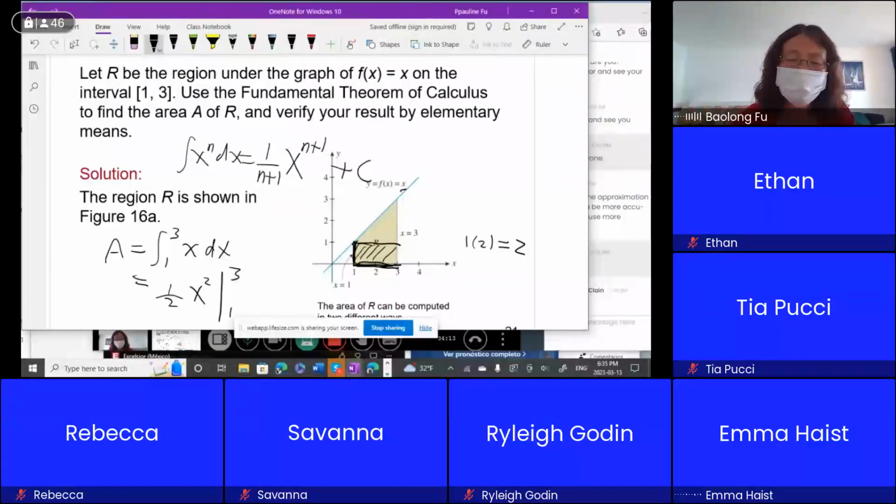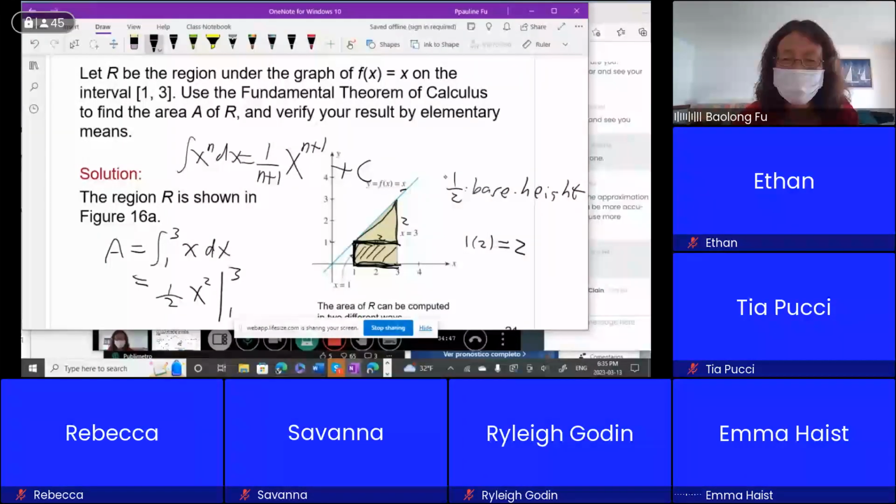That is on one hand. On the other hand, I have this triangle. This triangle has base 2, and the height is from 1 to 3, so the height is also 2. Remember the area for a triangle is 1 over 2 times base times height.